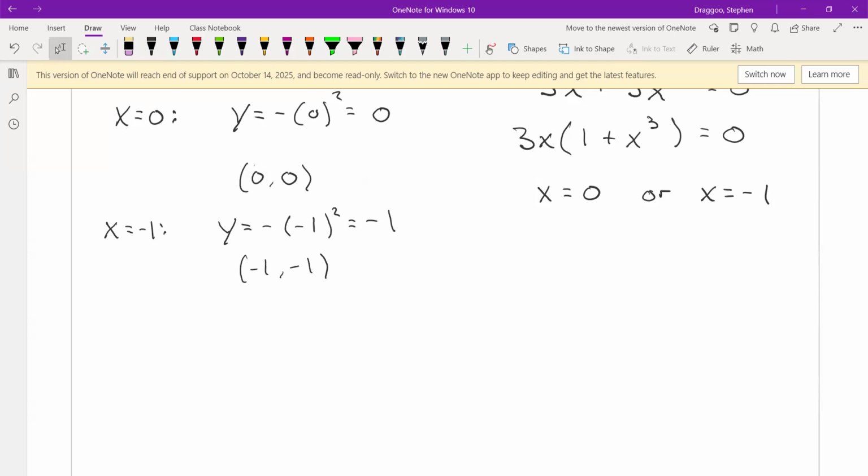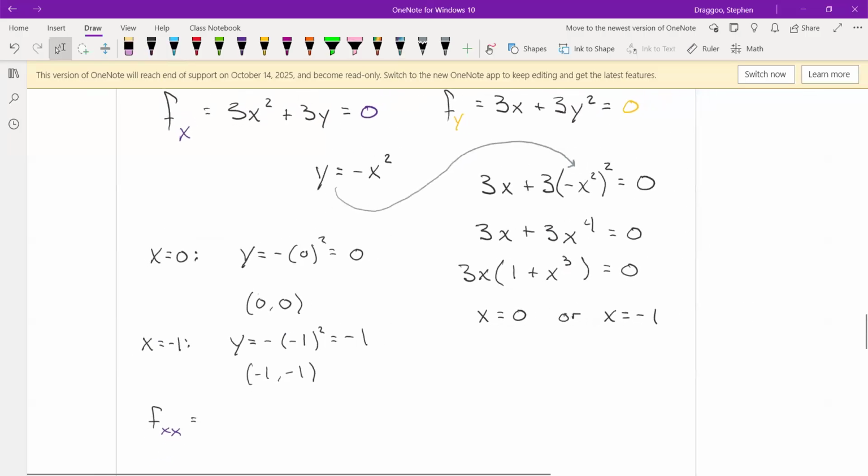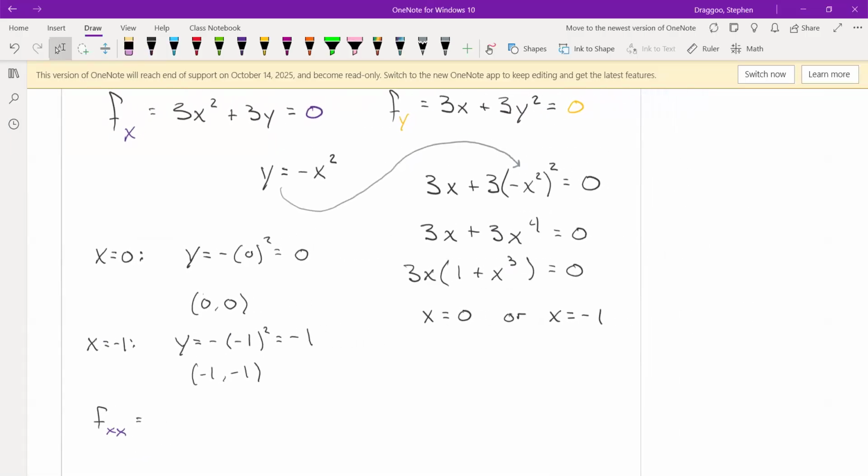So I need my second derivatives, my second order partial derivatives. So fxx, if I bring it back up so that it's on screen, just barely. Take another derivative with respect to x of that equation on the top left, and I get 6x.